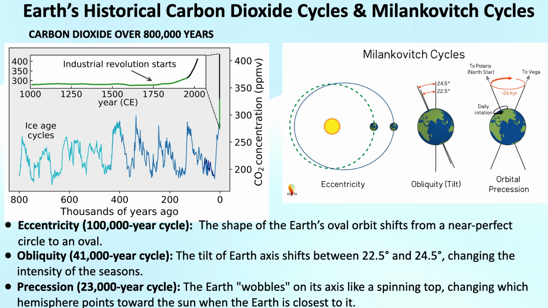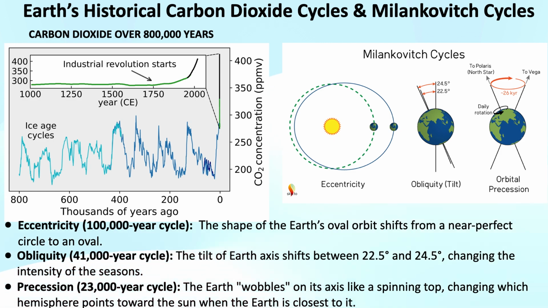One of them is eccentricity. This cycle occurs about every 100,000 years, and it involves the shape of the Earth's orbit. We're not in a circular orbit, we're oval, and as a result we're closer to and further from the sun at different times, okay? And that has an impact.